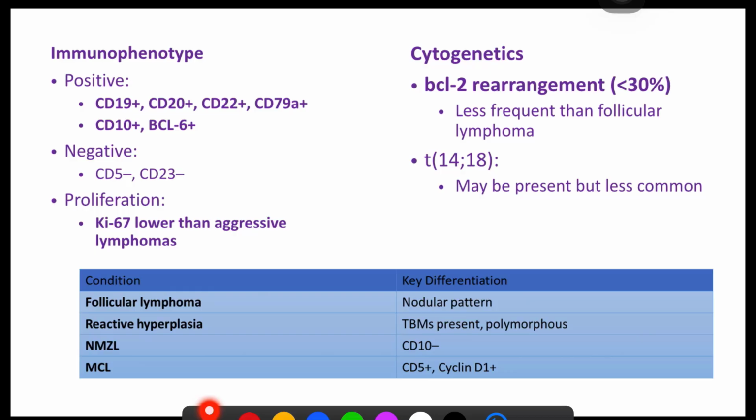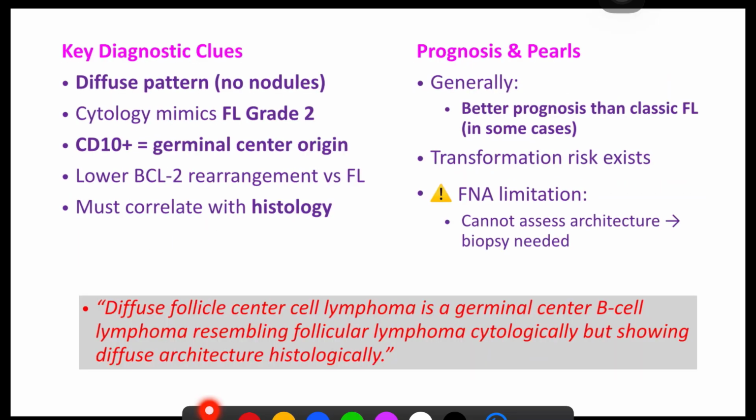So, follicular lymphoma shows a nodular pattern, reactive hyperplasia, which is polymorphous and tingible body macrophages associated; marginal zone lymphoma is CD10 negative, and this is CD5 and cyclin D1 positive mantle cell lymphoma. So, the key diagnostic clue is diffuse pattern, no nodule, cytologically follicular grade 2 lymphoma.